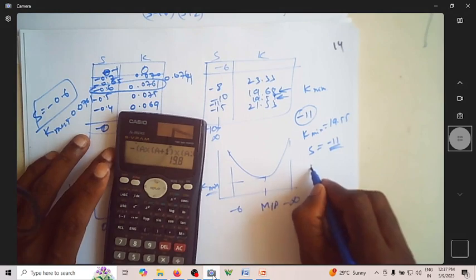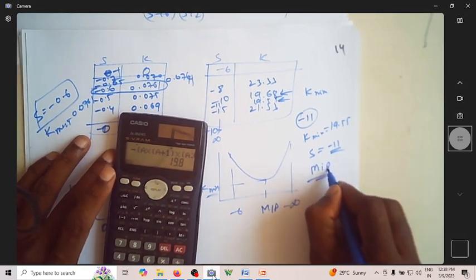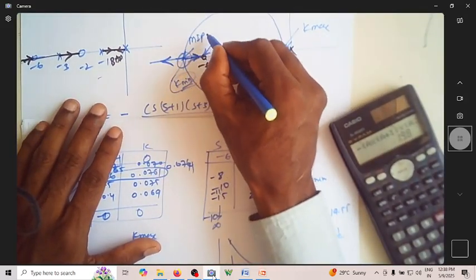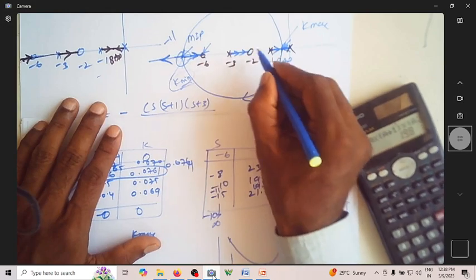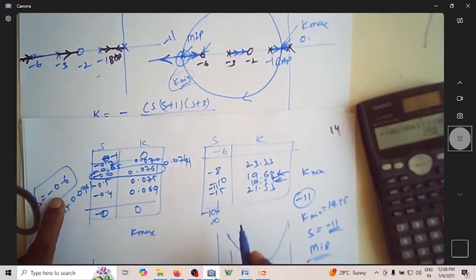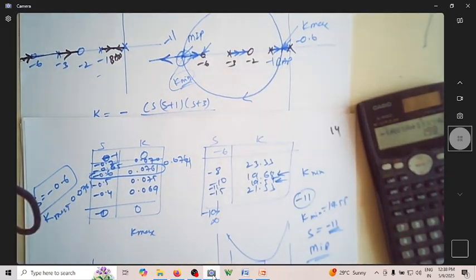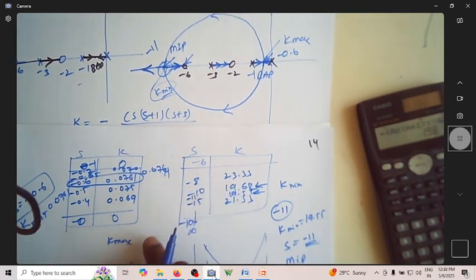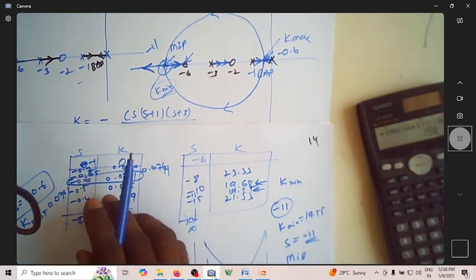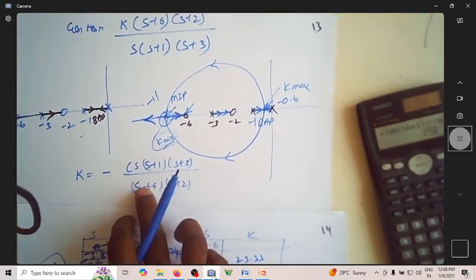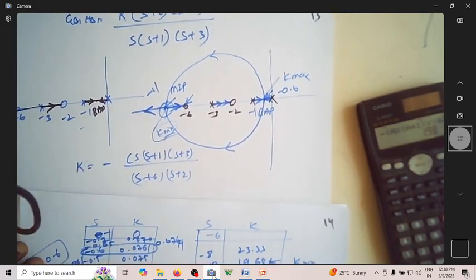So the meeting point is -11. The breakaway point is happening at -0.6. So this is how we are able to find them. We are actually using this table, so that minimizes your multiplication, all this stuff, the differentiation of this thing.